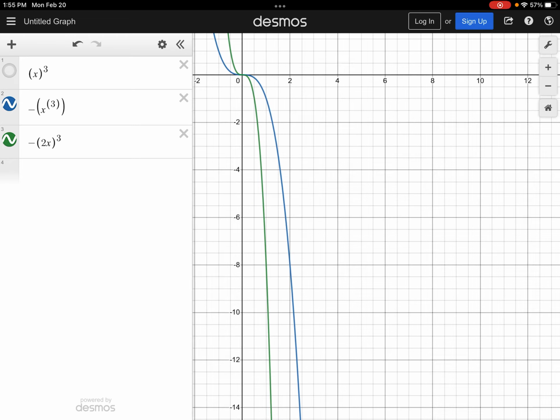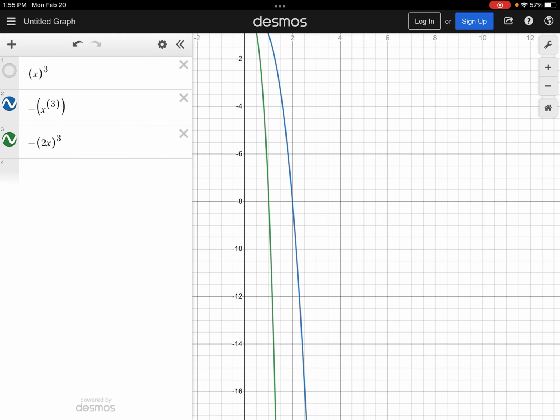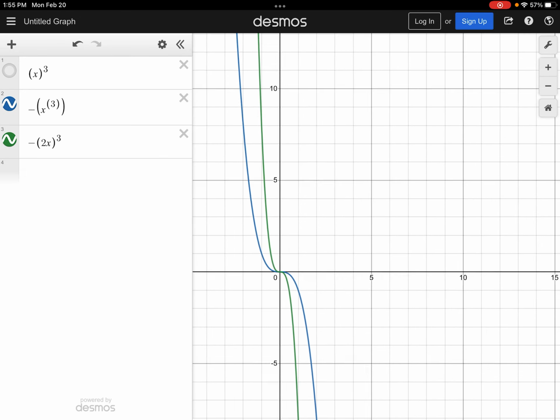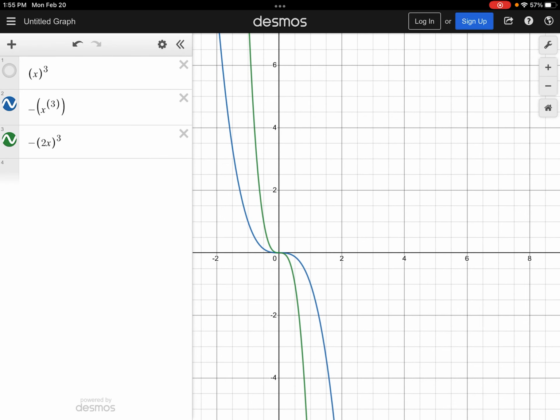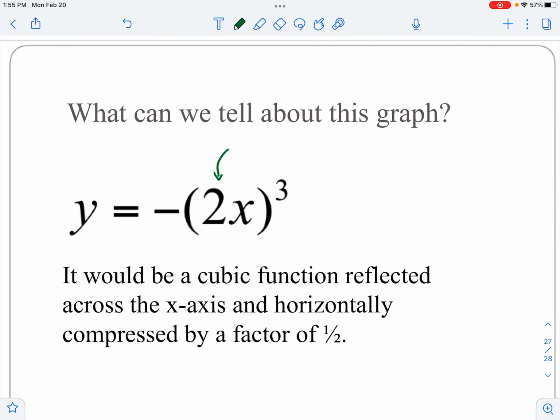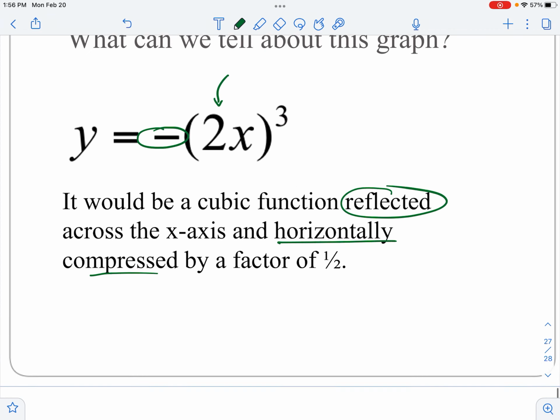It's also inside the blue line down here. So the graph is getting narrower, it's getting skinnier, for each value of x. So that's why we would say that this is reflected. This negative in front flips the graph, and then our graph is horizontally compressed or vertically stretched.